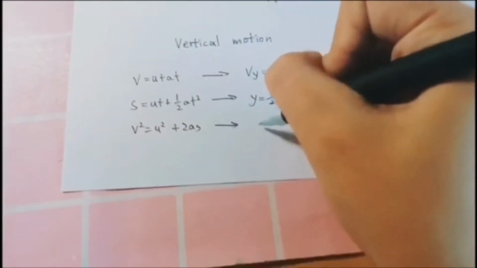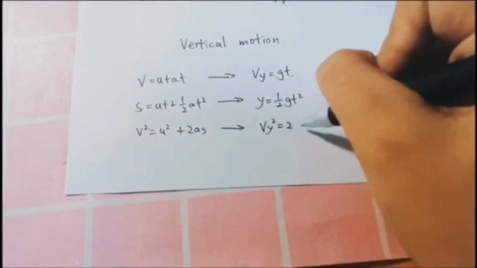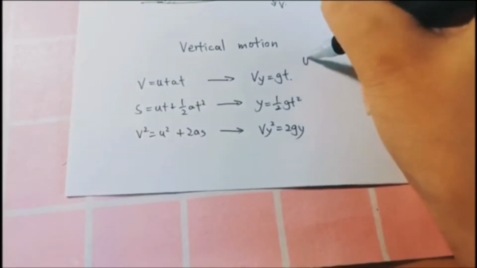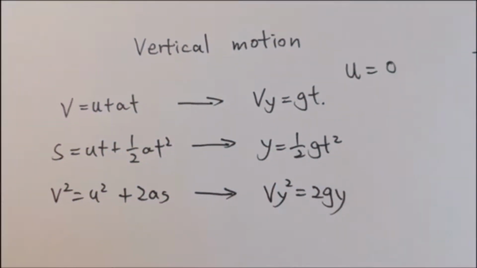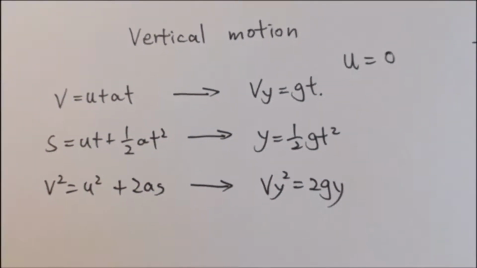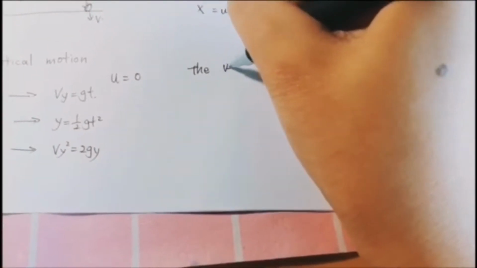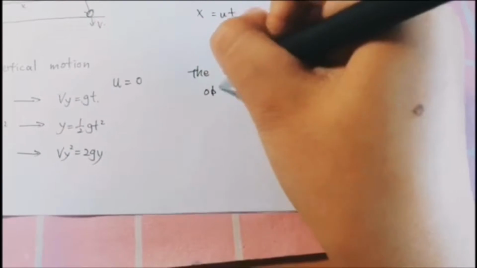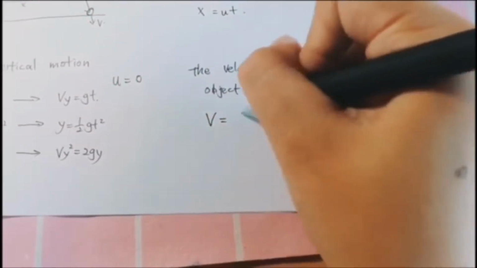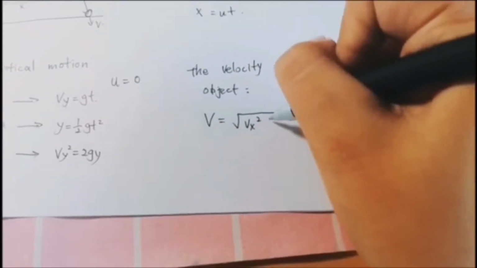We change s to y and u equals 0, so we can cancel the u. Because we have two velocities, the velocity of the object is v equals the square root of vx squared plus vy squared.